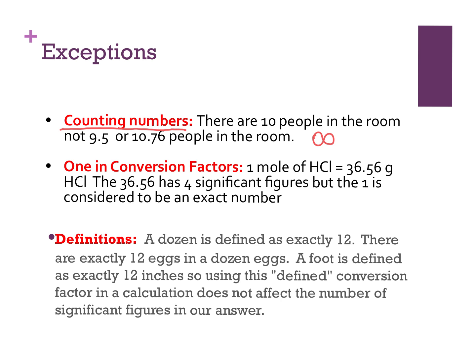We're going to start doing some conversions maybe on Friday this week. The number 1 in a conversion factor doesn't count for significant figures. What I mean by that is 1 mole of hydrochloric acid is going to weigh 36.56 grams.